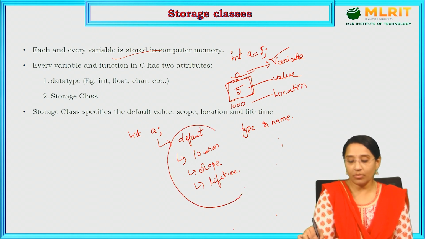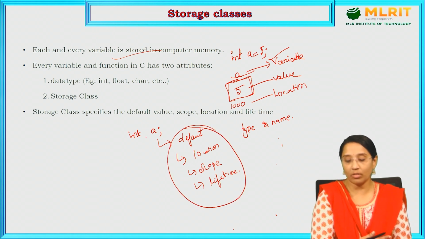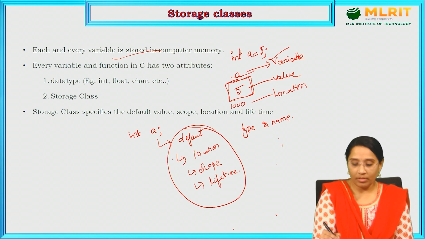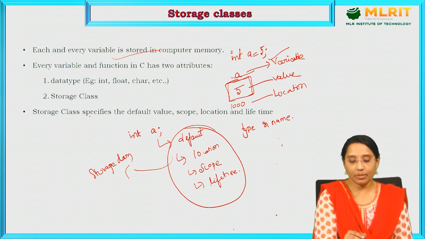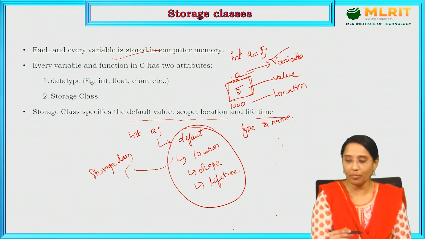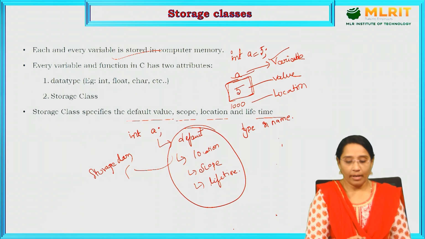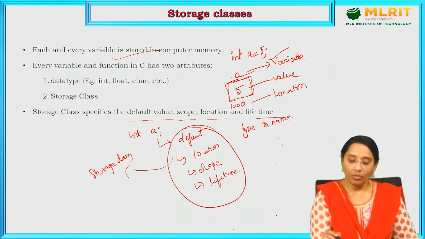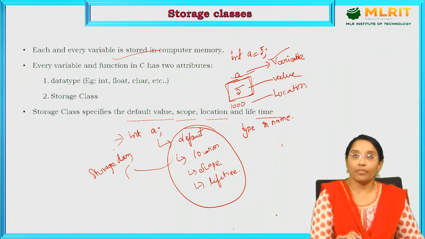All these four properties are defined by the storage class. So, storage class specifies the default value, scope, location and lifetime of that variable. In the same example, if I declare int a, what is the default value of that variable, location, scope and lifetime?